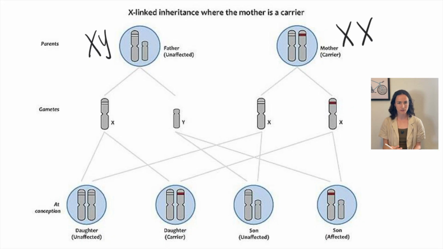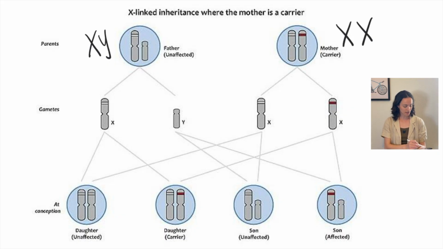I also want to remind you that the sex chromosomes, X and Y, they're not homologous. If you have two X's, okay, you've got a homologous pair of chromosomes, but if you have an X and a Y, that's not homologous. They actually don't carry the same genes. So here we have the father is unaffected. The mother is a carrier.